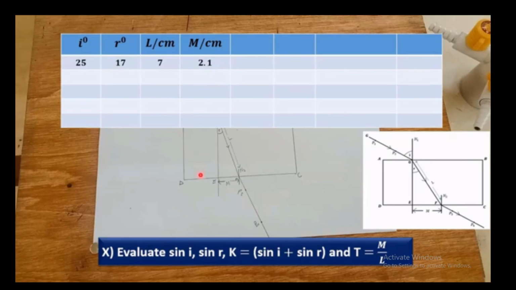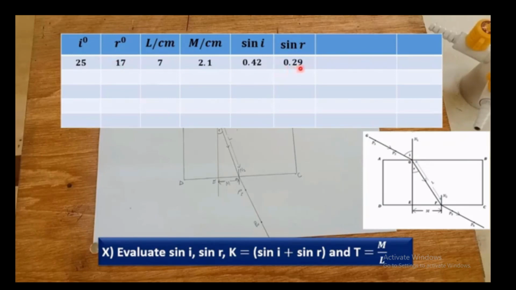Then let's evaluate the value of sine I. Then our sine I will be sine 25, which is 0.42. Then our sine R, which is sine 17, will be 0.29.